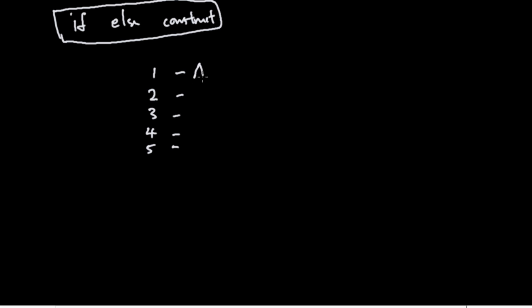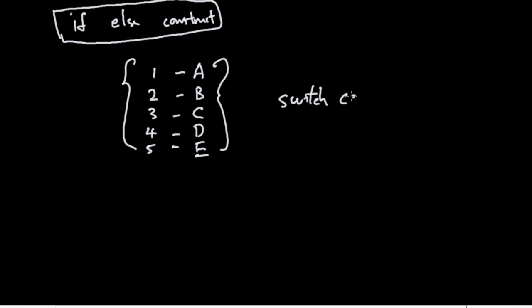Let's say 1 is A, 2 is B, 3 is C, 4 is D, and 5 is E. If you were to use an if-else construct, you will need 5 of it: 5 ifs and 1 else. Now what if we could actually decrease the amount of coding? We can use the switch case construct.